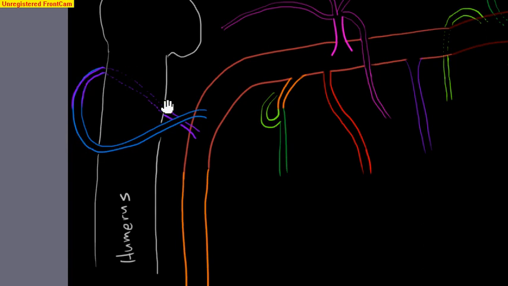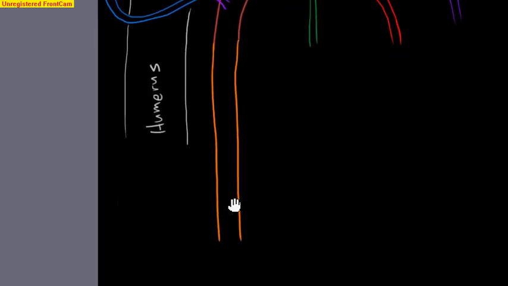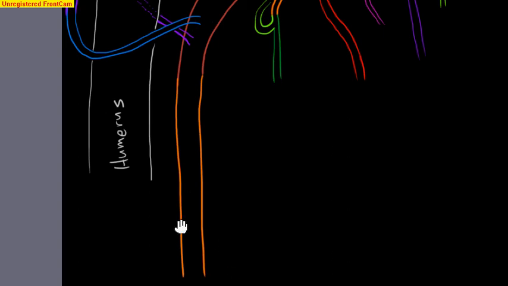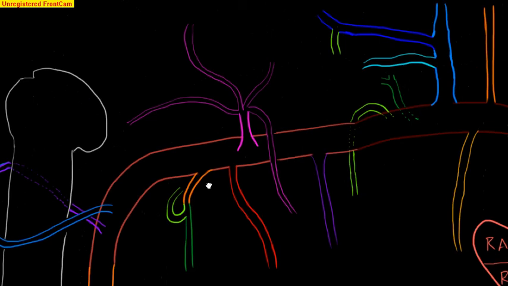So they actually are one continuous artery, but one goes behind, so we call that posterior. One goes in front, so we call that the anterior circumflex humeral artery. And there you have it. After that, you enter the brachial artery region and its branches and whatnot. So we're not going to cover that right now, but hopefully that helps.